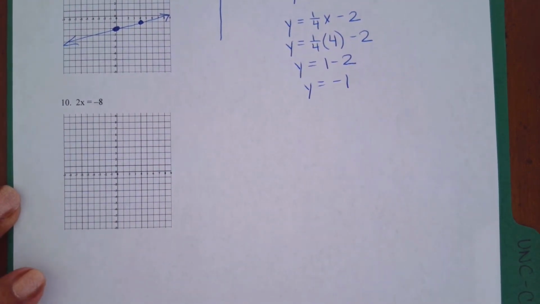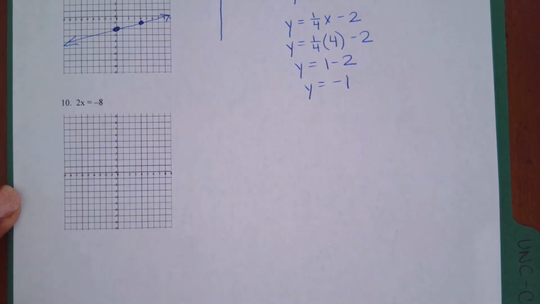this one where you're plotting some points. All right, if I look at this 2x equals -8, hopefully you're saying, oh, there's no y there, so that's either a horizontal or a vertical line. And since there's just an x in this problem, that means it's a vertical line. But if you're asked to pick two ordered pairs, when you do your homework, you're probably going to have to plot two ordered pairs.